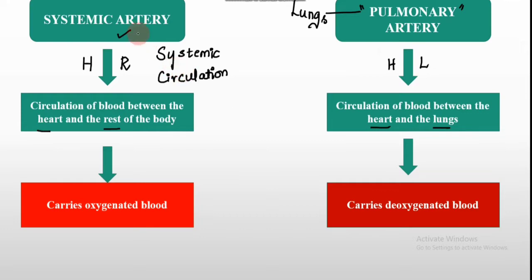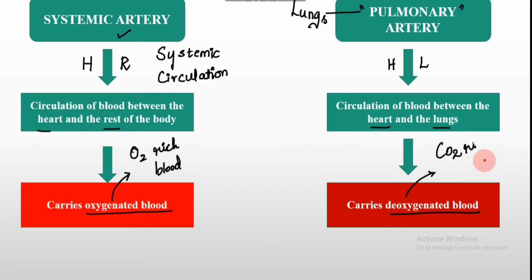Systemic arteries will always carry oxygenated blood, which is oxygen-rich blood, the blood which has oxygen in it. Pulmonary arteries will always carry deoxygenated blood. What is deoxygenated blood? The blood which has carbon dioxide in it.